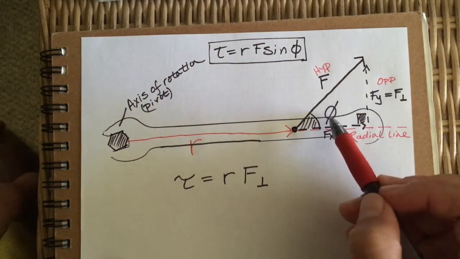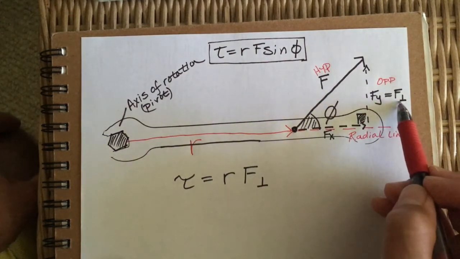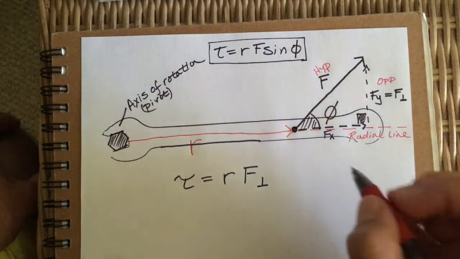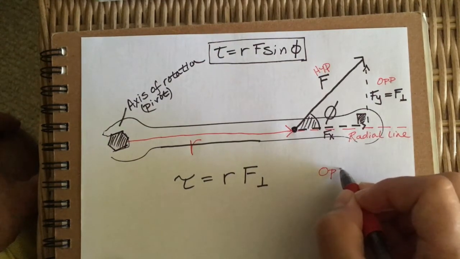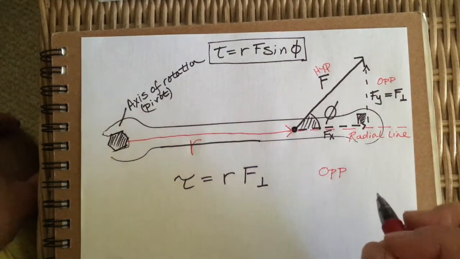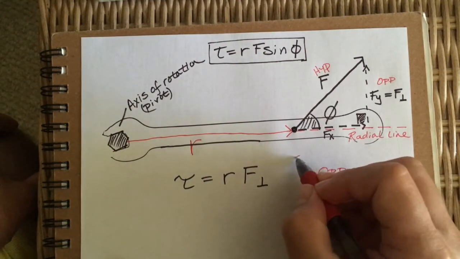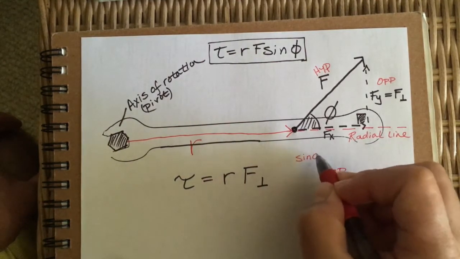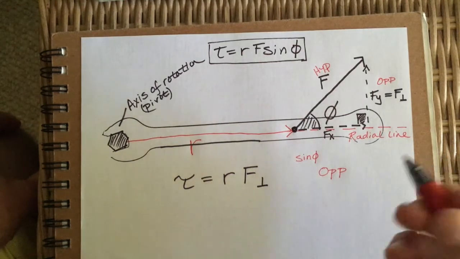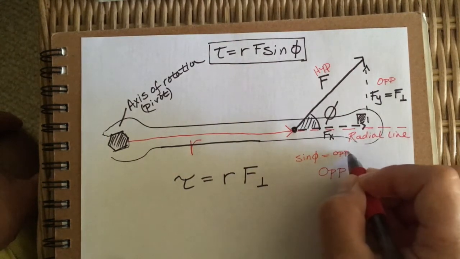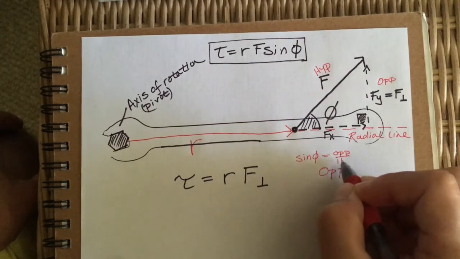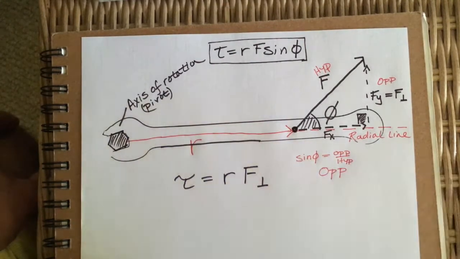You can see then that if I want to know what F perp is, it's the opposite. So I need a formula for opposite, right? And we said before that sine of, we'll say phi, I could have said theta, is equal to the opposite over the hypotenuse, right?